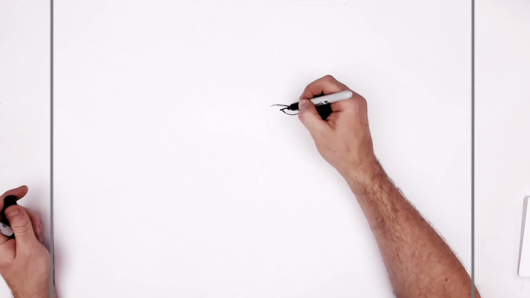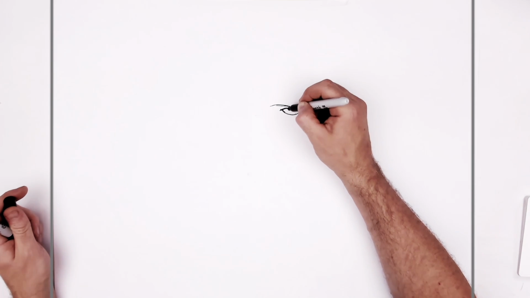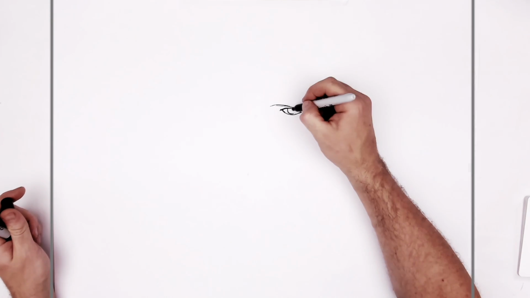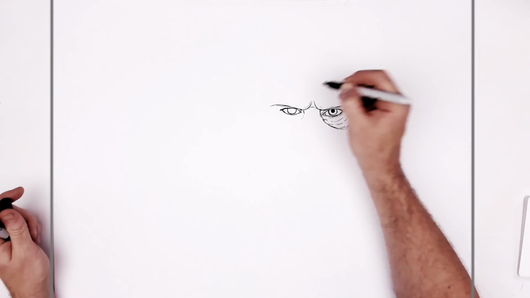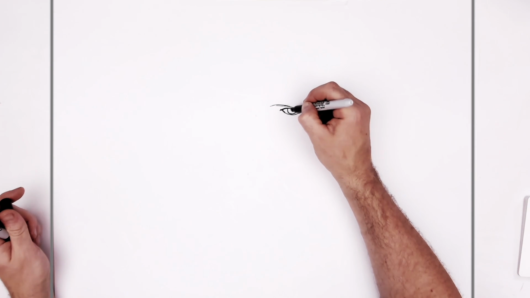Right, and then looking sort of up at us again, sort of semicircle kind of eye. And then the pupil just somewhere in the middle here.